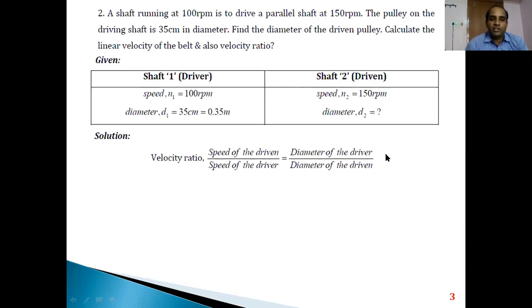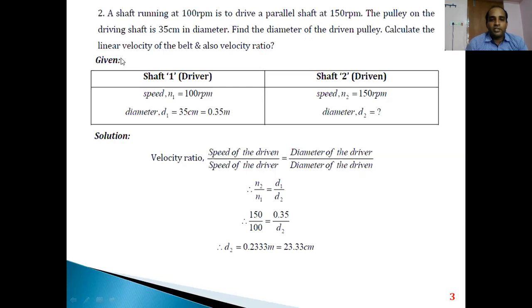Substitute those things with their suffixes correctly. According to this, n2 by n1 is equal to d1 by d2. So you have the conditions, substitute, you get the value of d2. d2 value is how much? It is around 0.2333 meters, or 23.33 centimeter. That is one part of your problem over, that is the diameter of the driven pulley.